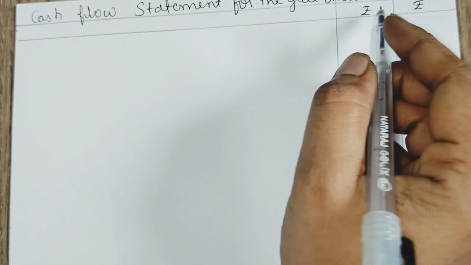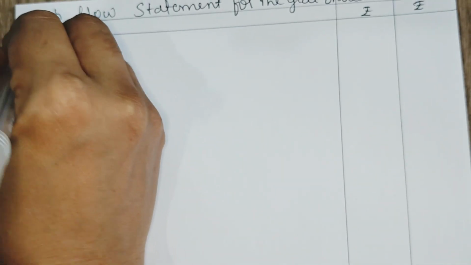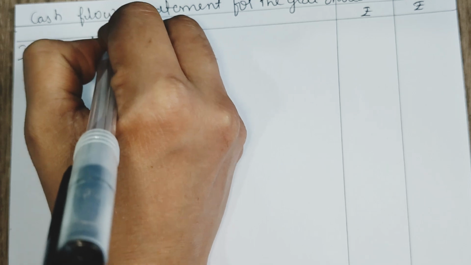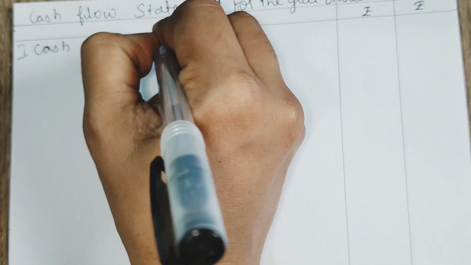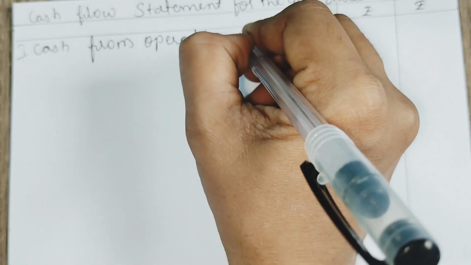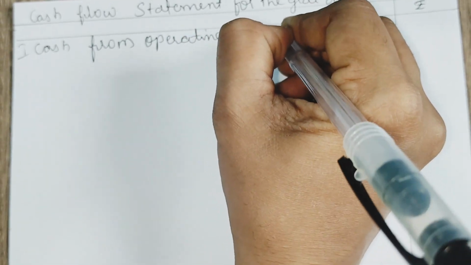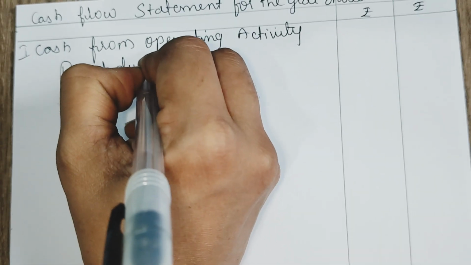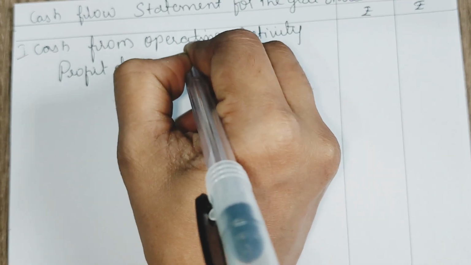Let us solve this question. First we are taking the cash flow statement for the year ended 2022. Cash from operating activity. Operating activity, profit during the year.